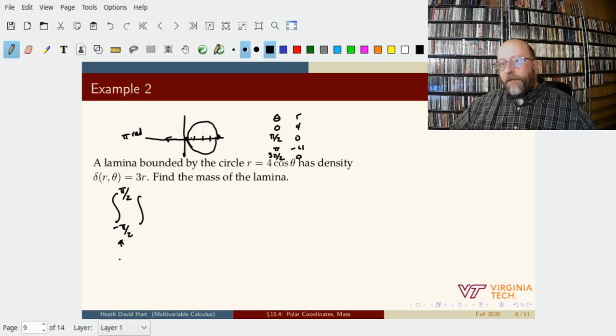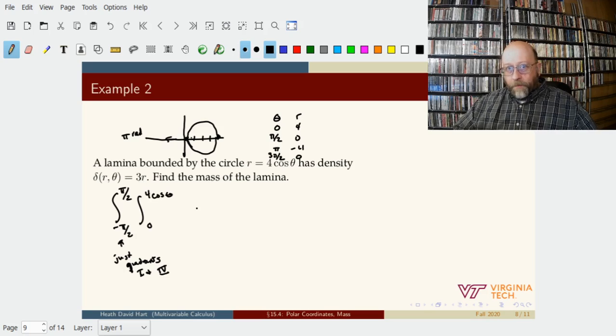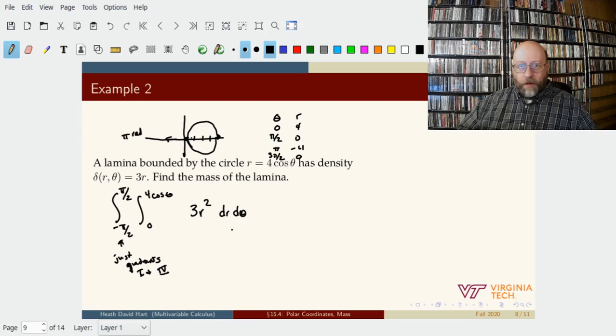This is just quadrants 1 and 4. The radius is 4 cosine of theta, so 0 to 4 cosine theta. My density is 3r, but I always have to multiply by another r when I'm integrating in polar coordinates. So we remember that extra r for polar coordinates, and that gives me 3r squared.